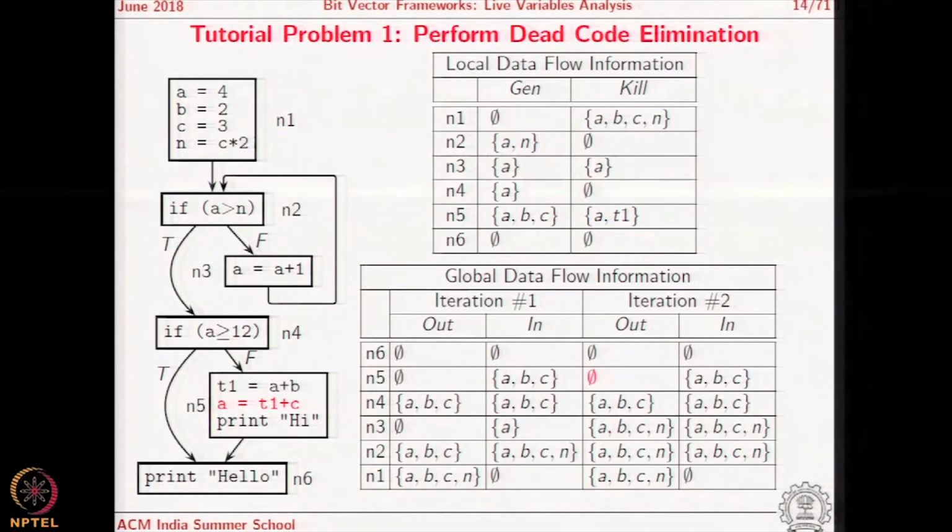So, you will always begin by applying this out information to the last occurrence within the basic block, and the last assignment statement within the basic block is this. So, you see that A is not used, the statement below this does not use A. Therefore, you can delete this assignment.